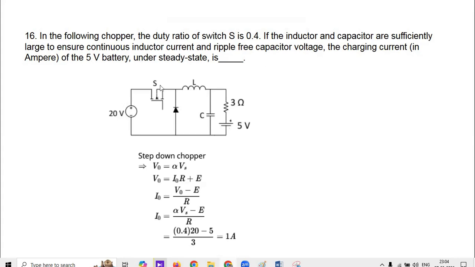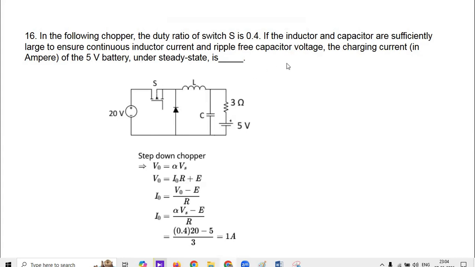So here the circuit is given, and from the circuit it is clear that the converter, or the chopper, is a step-down chopper.